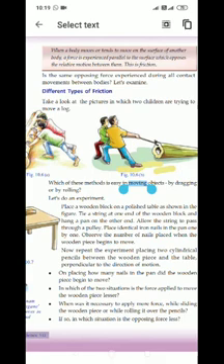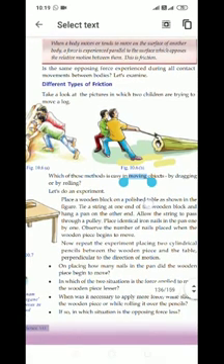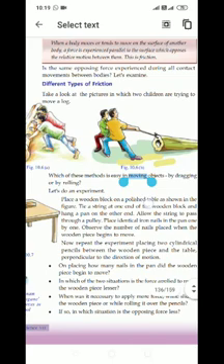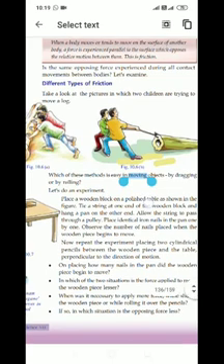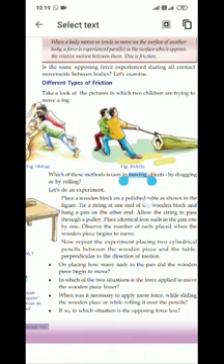You might have seen how things are brought down from a truck. If we have to bring down something from the truck, a slanting surface may be arranged, and then the object may drop from there.